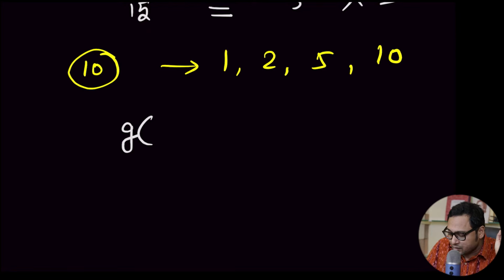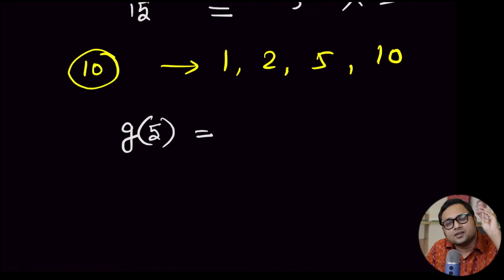It takes in a number, let's say 5, and it counts the numbers which are not exceeding 5 and have GCD 1 with 5.